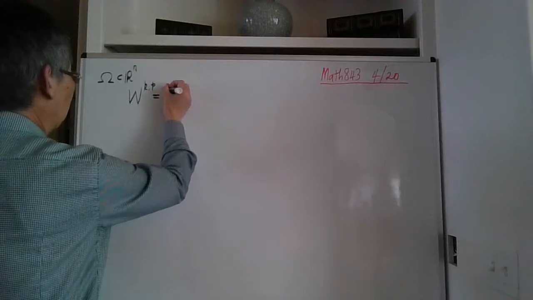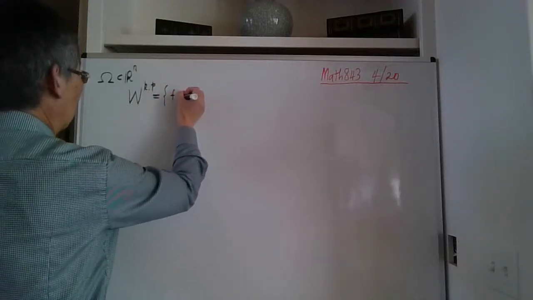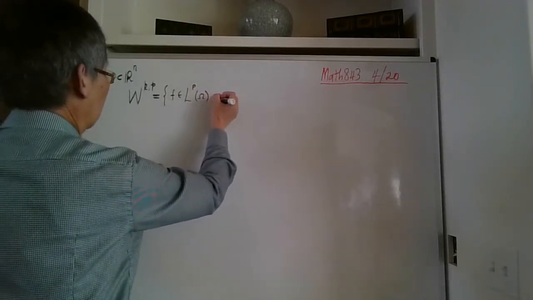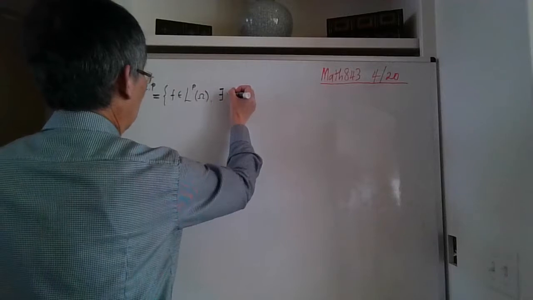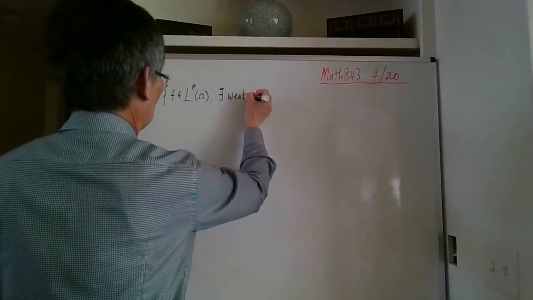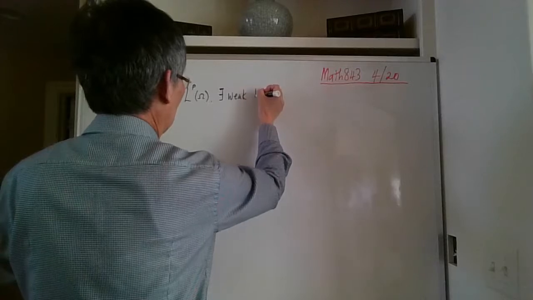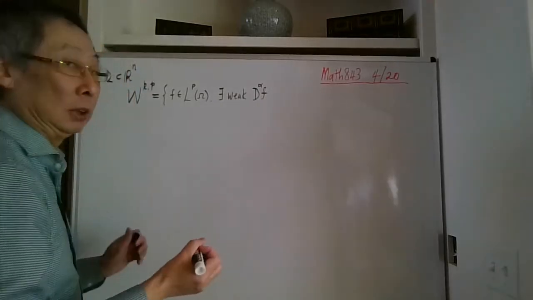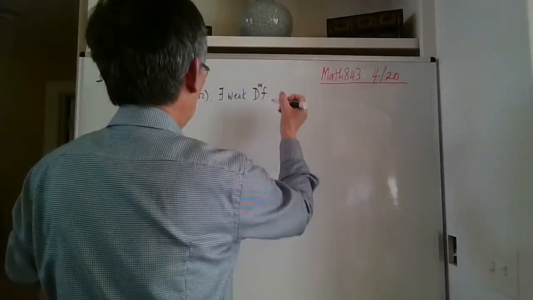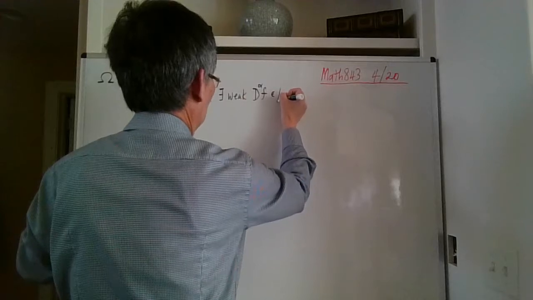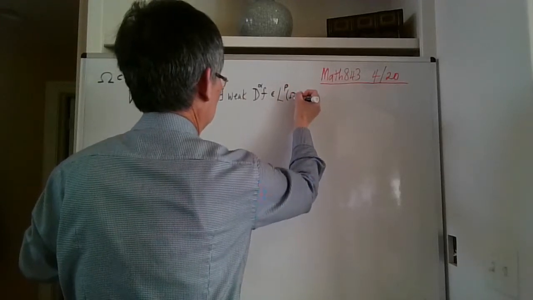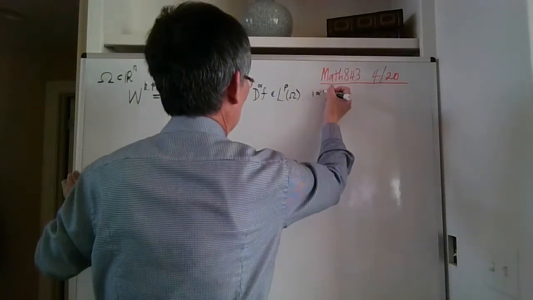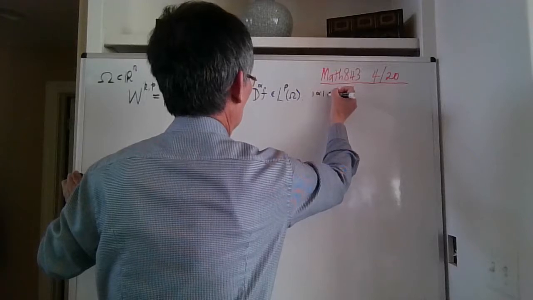This equals all the functions in the L^p space on Omega that also have weak derivatives. The weak derivative we denote by D^alpha f, and all these weak derivatives have to be in L^p(Omega), as long as the multi-index, which we talked about last time, has order less than or equal to k.